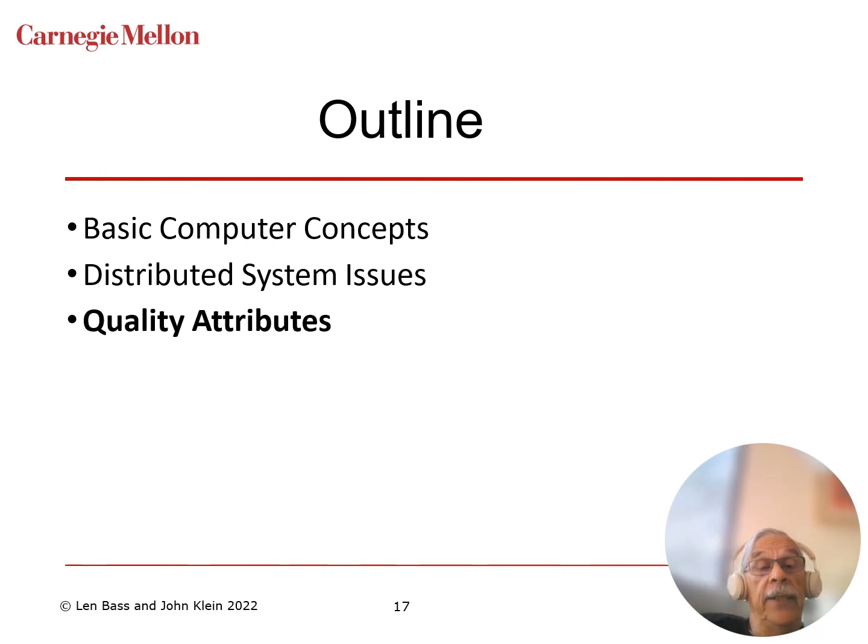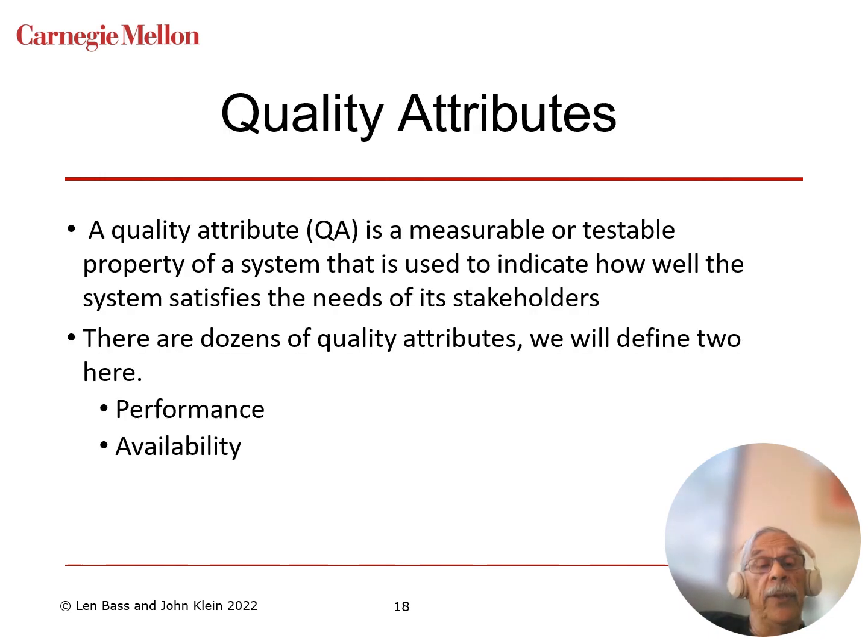And then finally, let's talk about quality attributes. So a quality attribute is a measurable or testable property of a system that's used to indicate how well the system satisfies the needs of its stakeholders. So it isn't what the system does, it's how well it does it. And there are dozens of quality attributes.